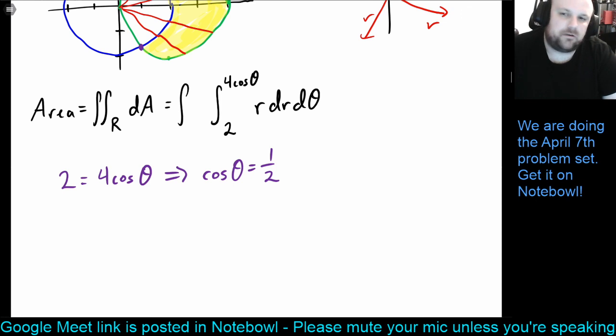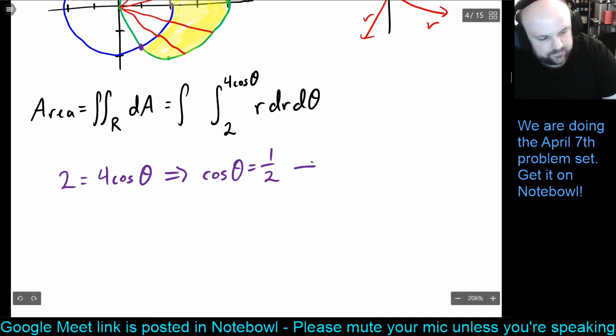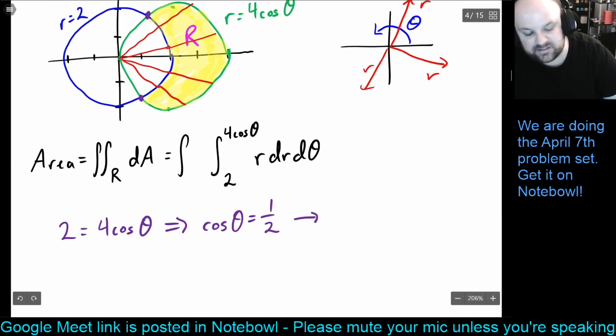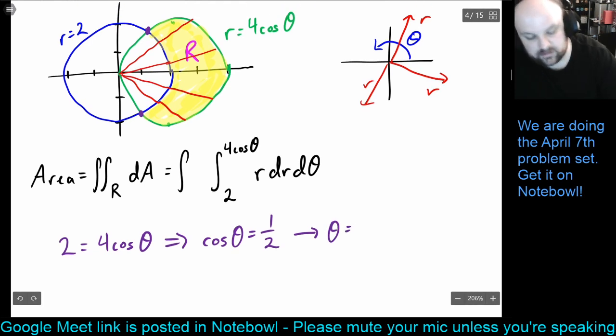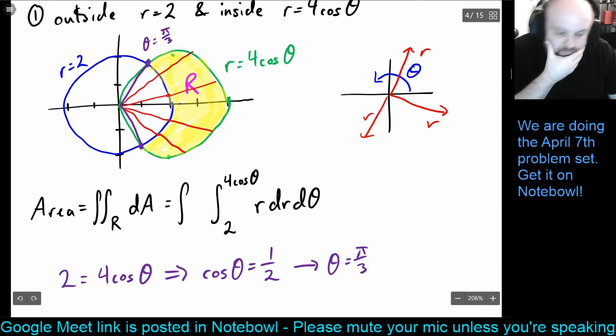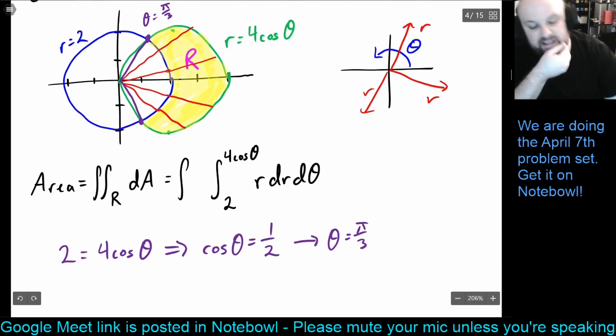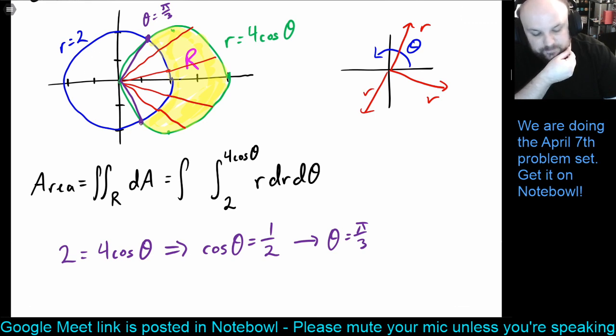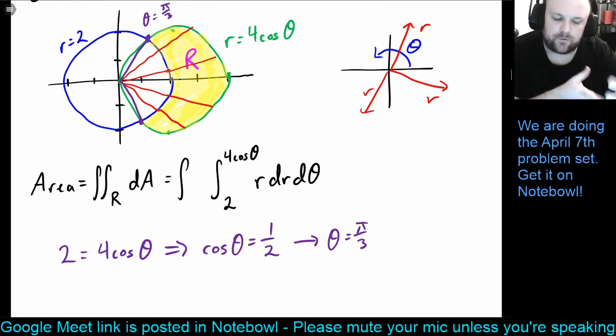And we just have to think, when is cosine equal to 1/2? What bounds make sense here? This one is pi over 3 up here. We could say this is 5 pi over 3 down here, but that doesn't make sense for the order of this.